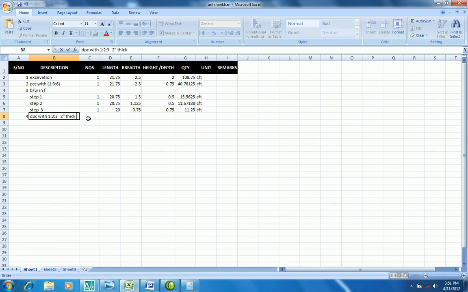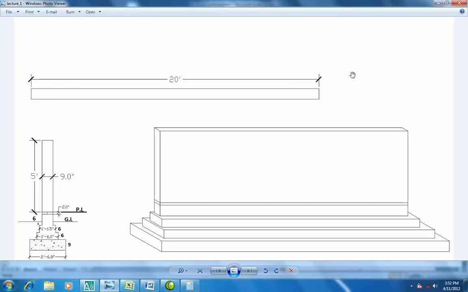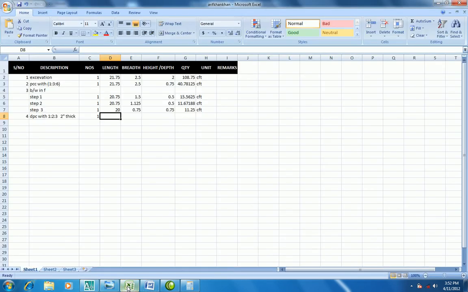So we have just 1 DBC. The length of the wall is 20 feet, so the length of the DBC should be 20 feet. Let me write here 20 feet, and the breadth for the DBC should be 0.75.